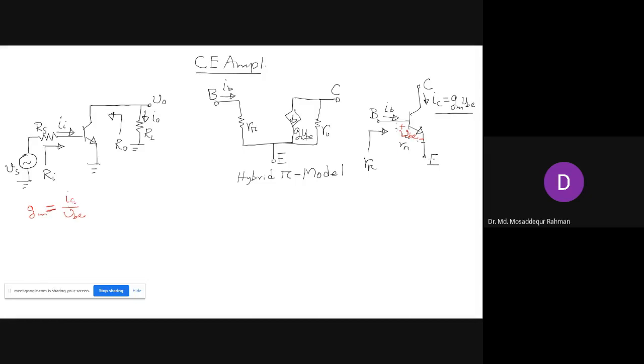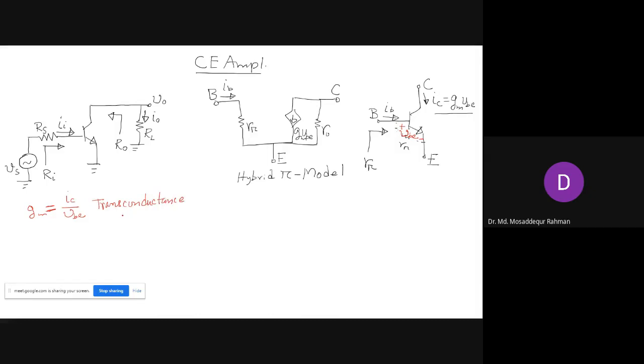The current here is the collector current, which is the output side, and VB is the voltage at the input side. So the output current divided by the input voltage is called the transconductance, the conductance transferred from the input to the output side.